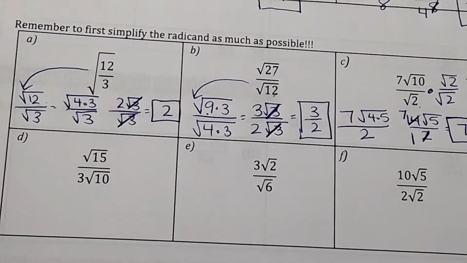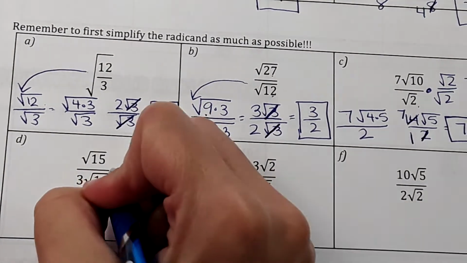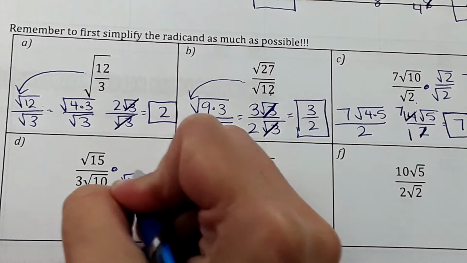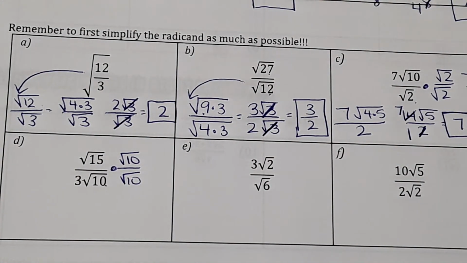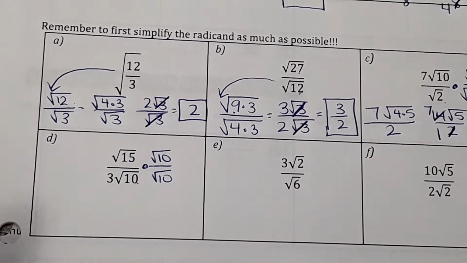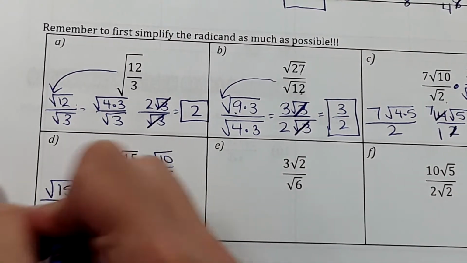I look for a way to simplify. I don't see anything. So I'm just going to get rid of this square root of 10 on the denominator. So square root of 10, square root of 10. Then 15 times 10, square root of 150.